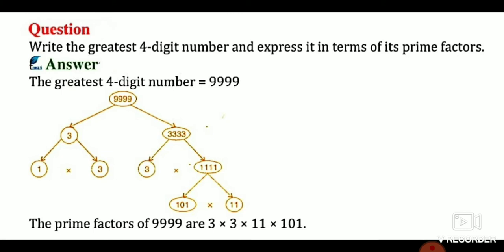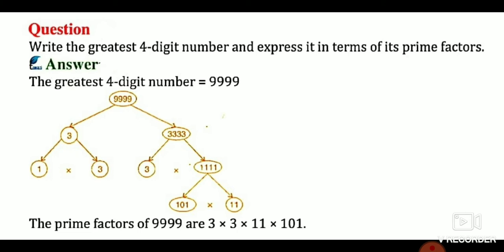Therefore the prime factors of 9999 are 3 into 3 and 11 into 101. So that is 3 into 3 into 11 into 101. These are in the form of prime factors.